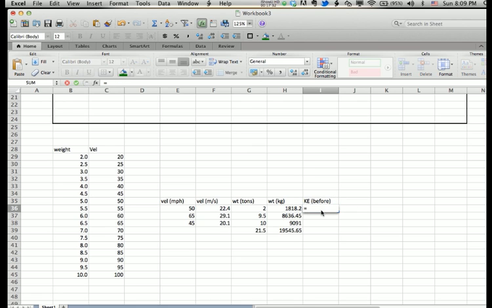It's 1/2 mv squared, so it'll be 0.5 times the mass, that'd be in kilograms, this one, times the velocity, meters per second, this one, caret 2 would be squared.